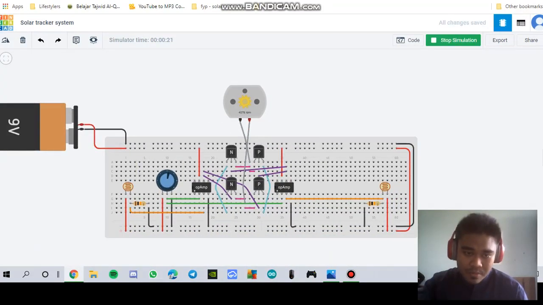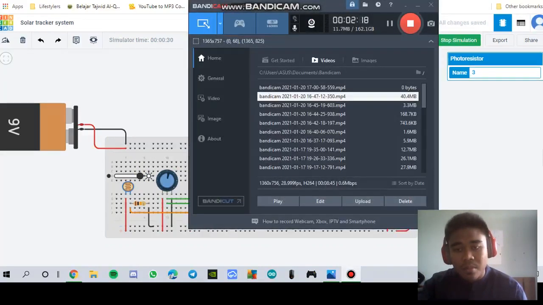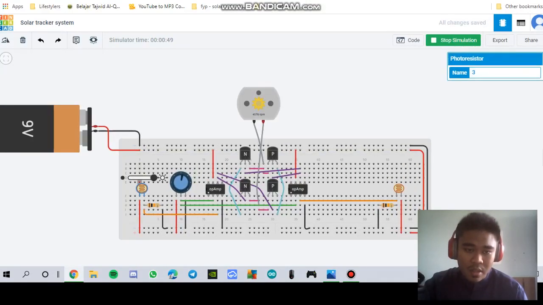And then I will explain the circuit a little bit. When the LDR receives the light intensity from the sun, at the low condition the resistance of this LDR is very high.